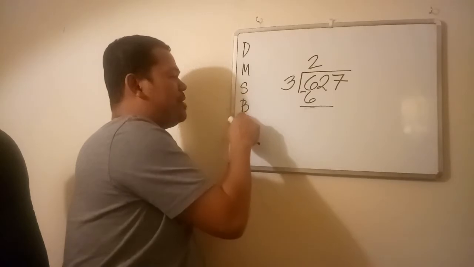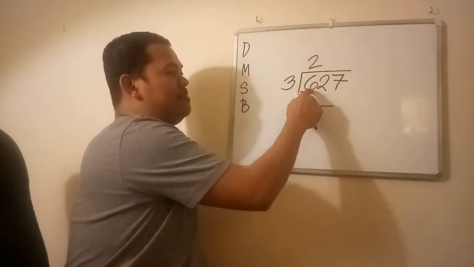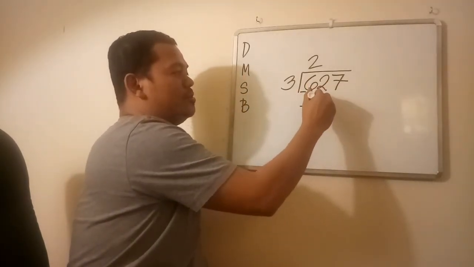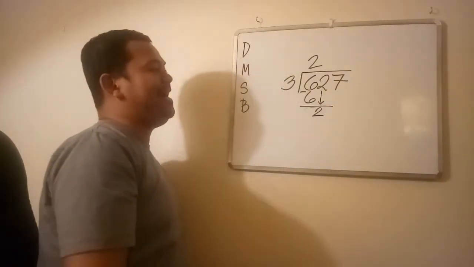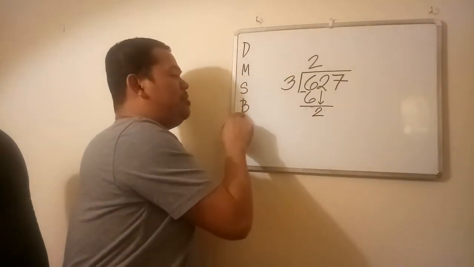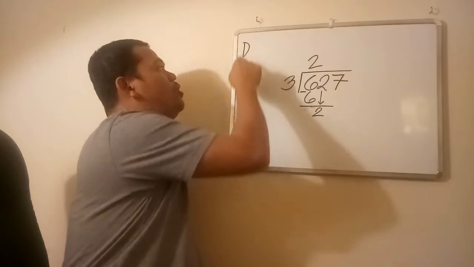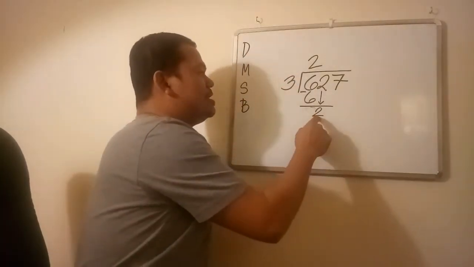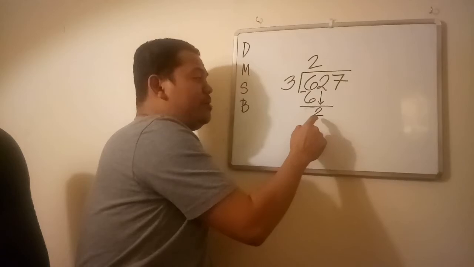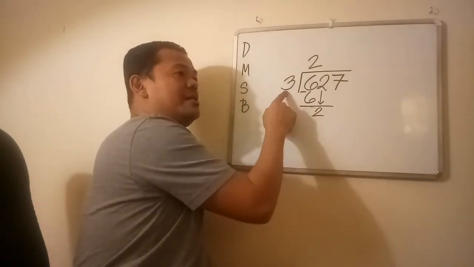After we subtract, we bring down the number next to 6, which is 2. After we bring down 2, what's next? We go back to divide. Can we divide 2 divided by 3?